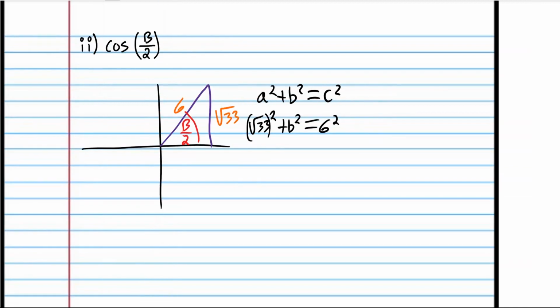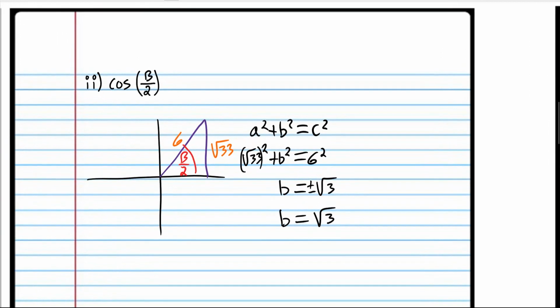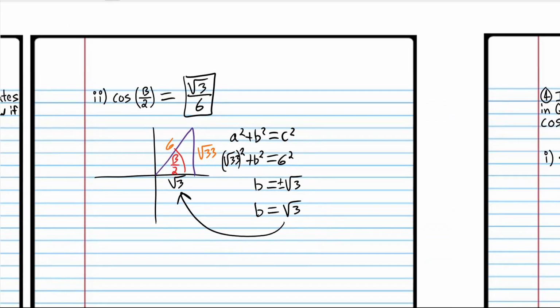So we're going to get √3, and we need to know if it's plus or minus, but you can see just by looking at the triangle it's going to be positive √3. If the triangle were over here, it would be negative √3. So we'll bring that up there, and now we can find cosine pretty easily. That's just the adjacent side of the red reference angle divided by the hypotenuse, and we're done. So it's pretty simple.